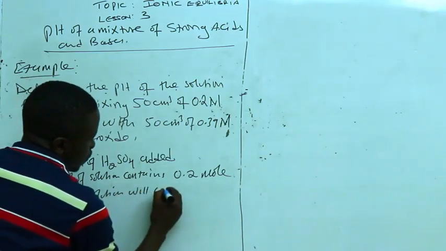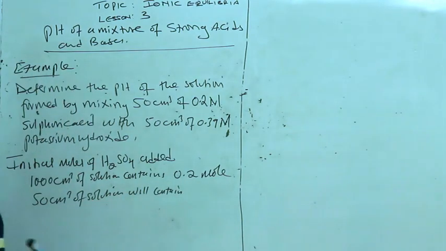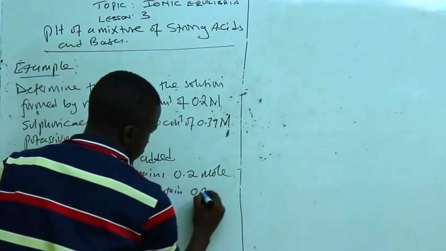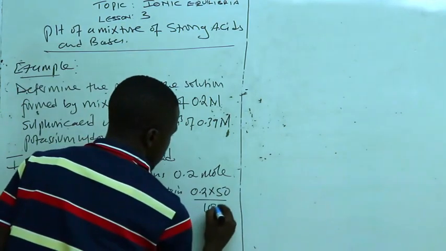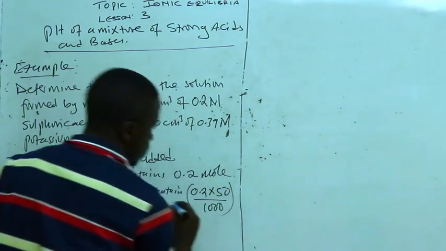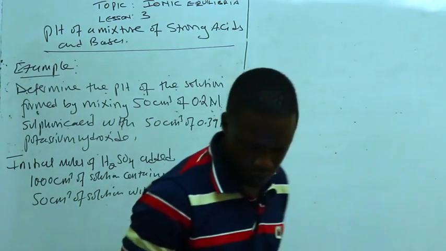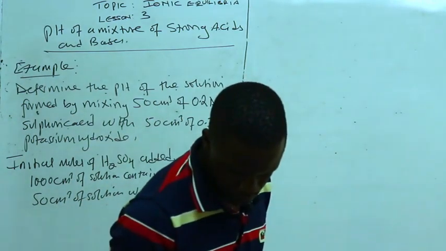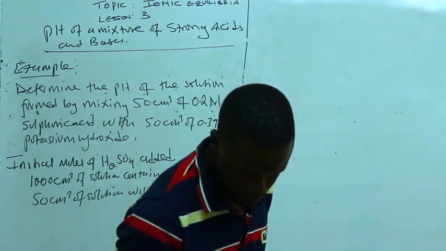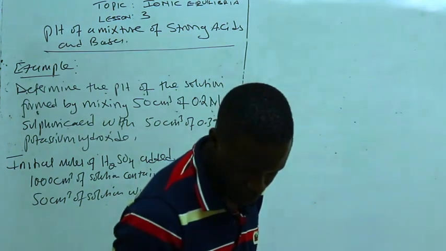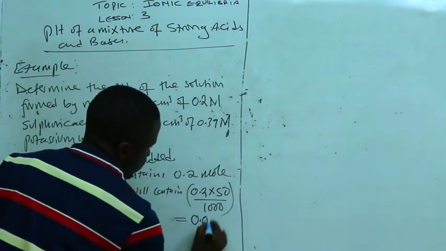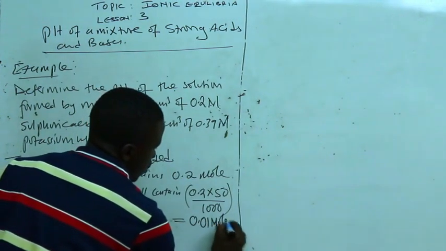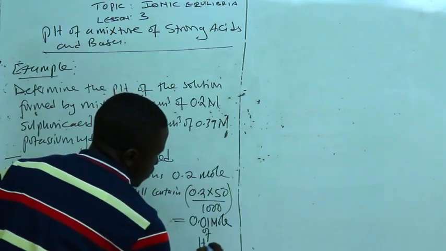We get 0.2 times 50 over 1000, and this gives us 0.01 mole of sulfuric acid.